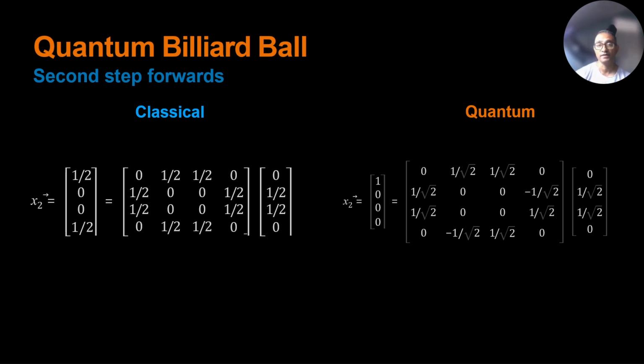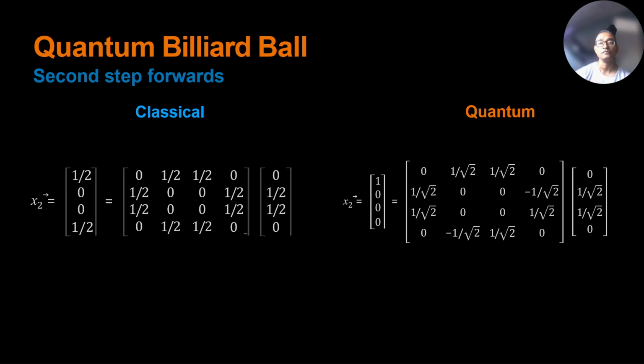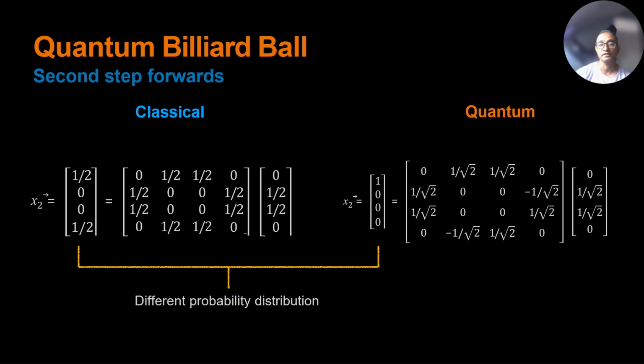Why is it so? If you look at this mathematically, when you multiply the operator with the vector in the quantum case, you see that we have a different probability distribution. How did we arrive at it?